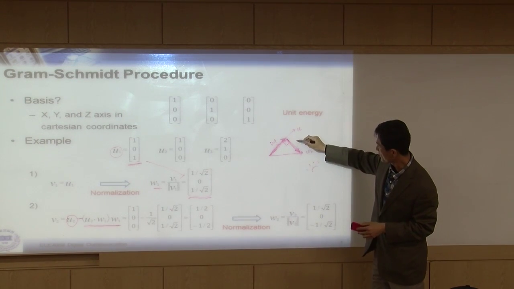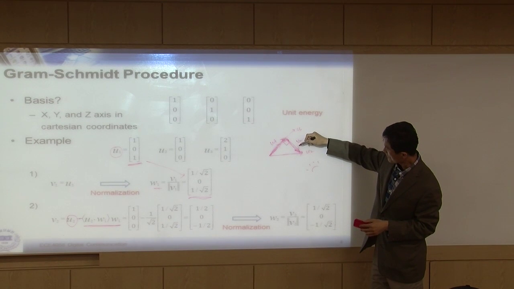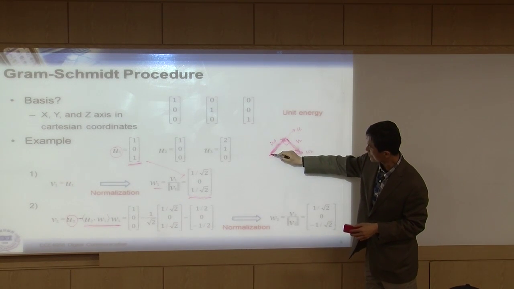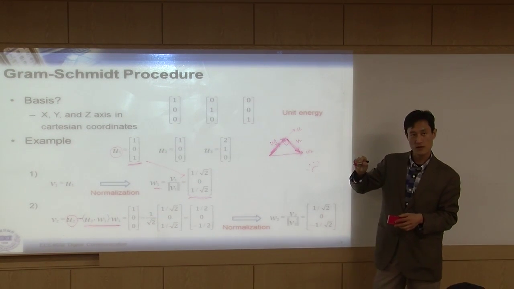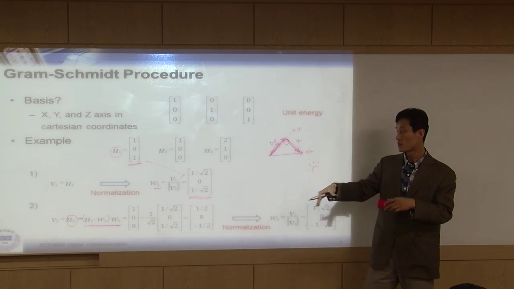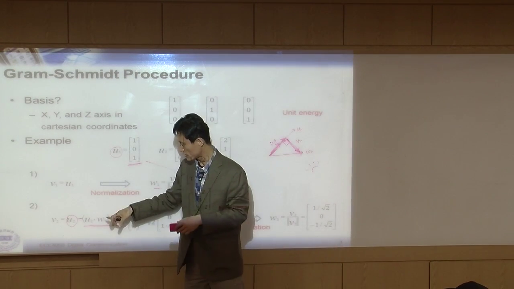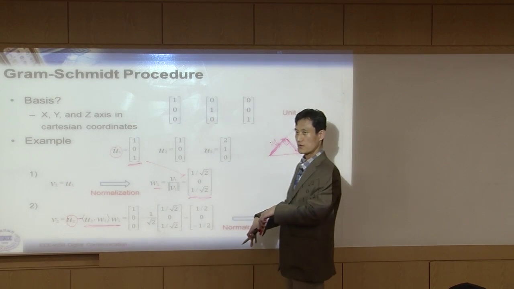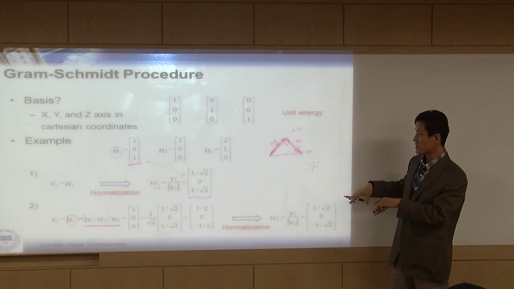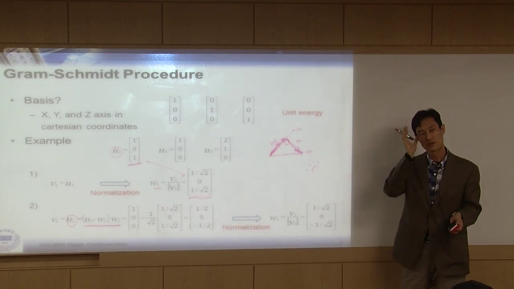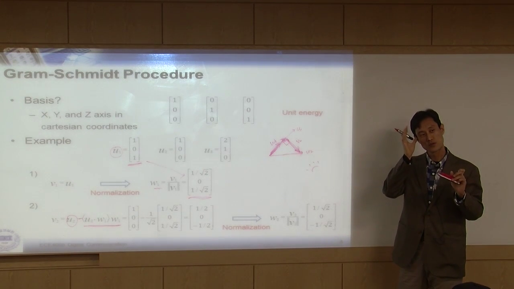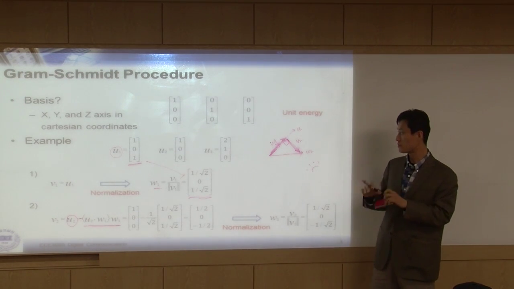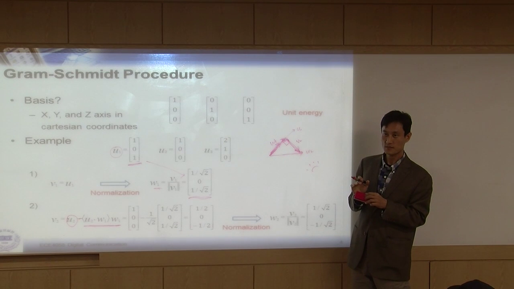This V2 vector is now orthogonal to W1, right? Because we subtracted the projection out. This is a projection, we removed it, so there's no projection. Projection is 0, and projection 0 means orthogonal, right?